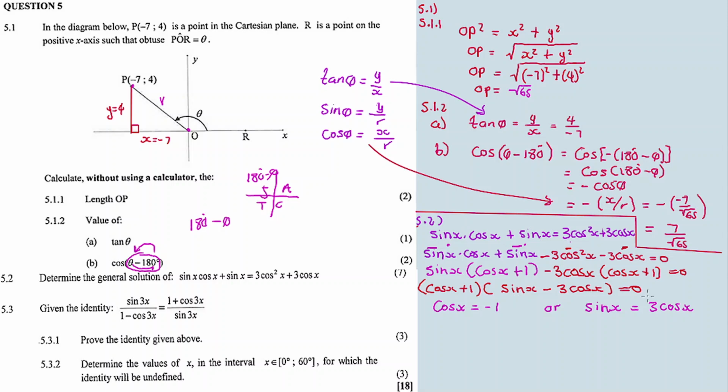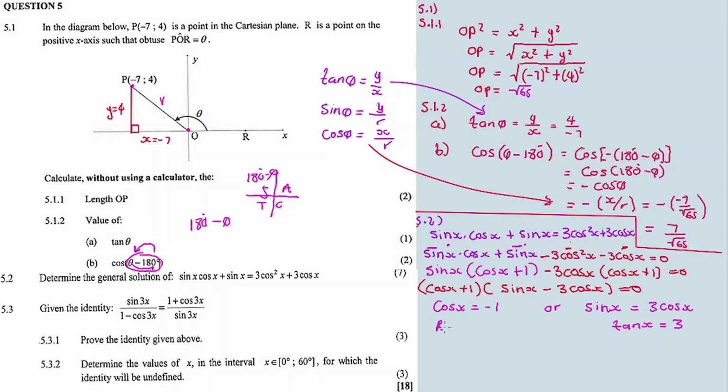This is equal to 0. I transpose the minus 3 cos x to the right, it arrives positive, and then I divide both sides by cos x. This cos cancels that cos, and then sine over cos gives us tan x.